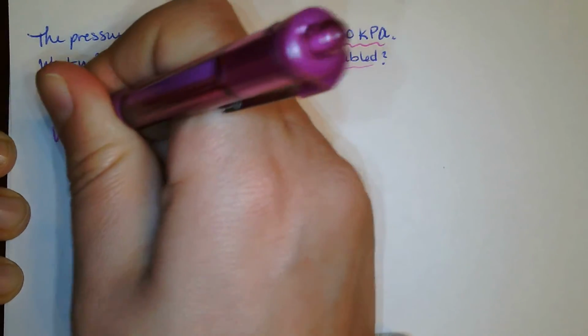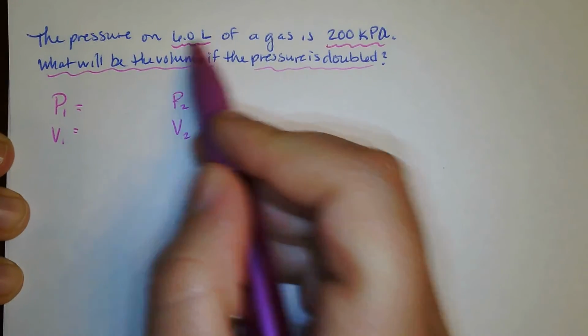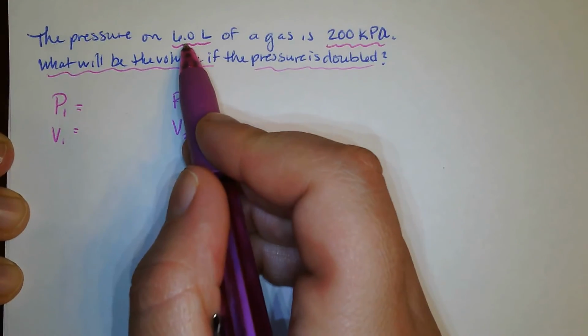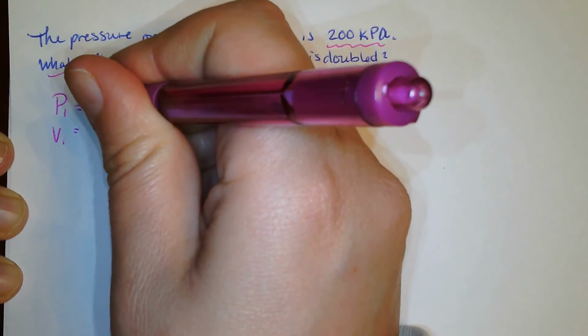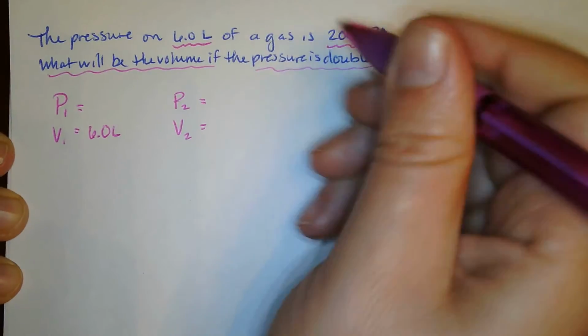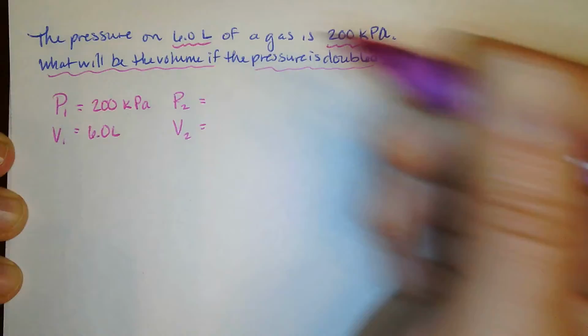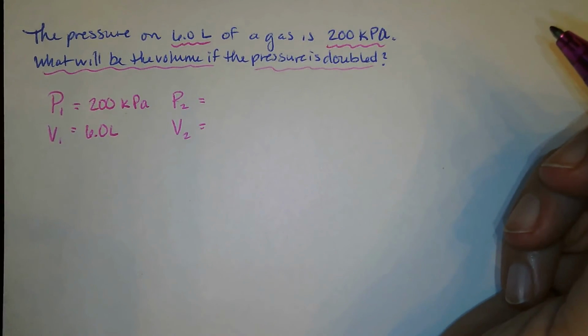Let's do P1, V1, P2, V2. Okay. The pressure of a gas on 6.0 liters is 200 kilopascals. So we have the initial amounts. The 6.0 liters, that's the initial volume. And the 200 kilopascals, it's right there.